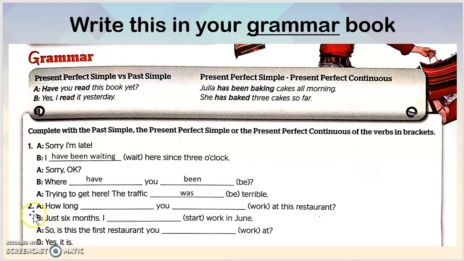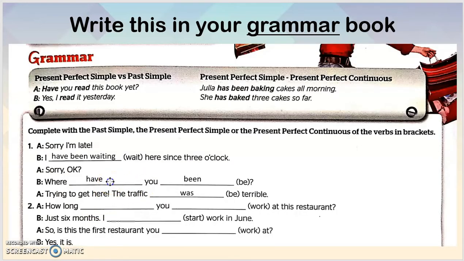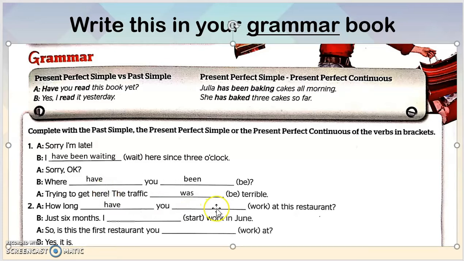Number 2. A says, how long blank you blank at this restaurant? This is related to past simple. So how long have you? What's the past tense of work, guys?